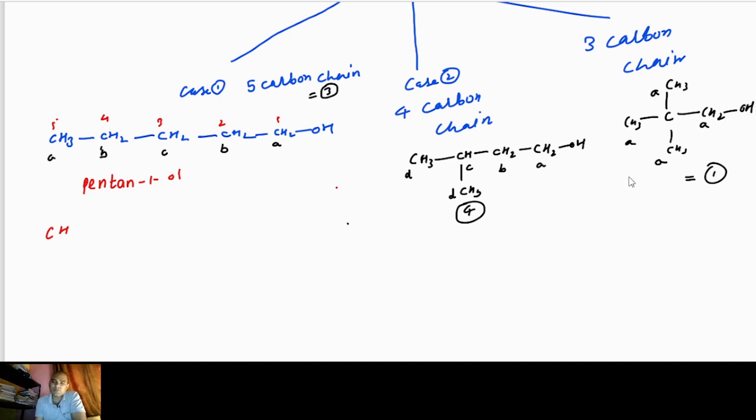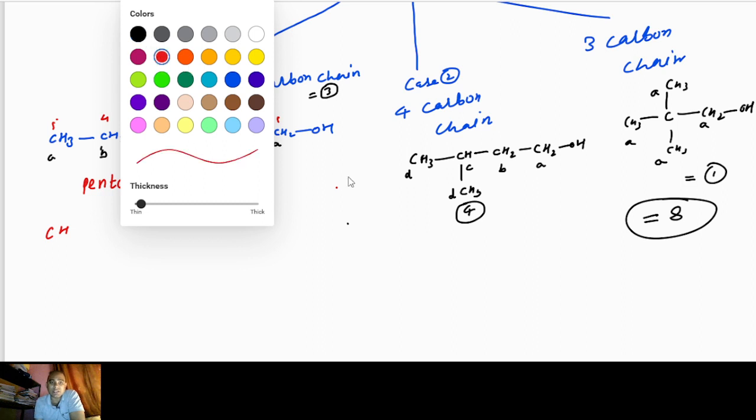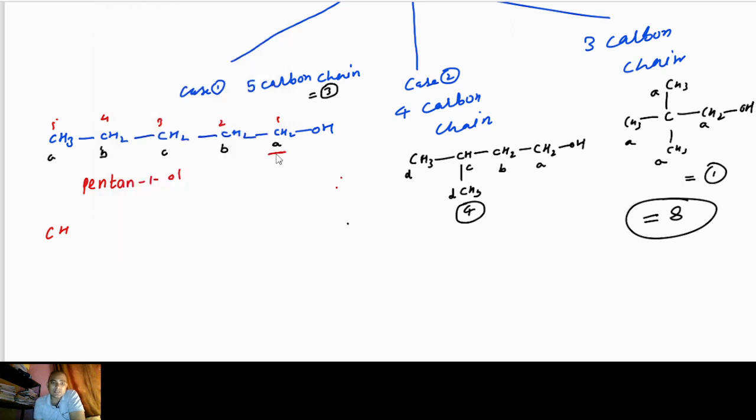So the total isomers will be 8, because we have to find out how many types of carbon are there. You have to check the environment. Here this is A, this is B, different carbon, because OH can be here, and OH can be here, so 3 different possibilities are there. In this case there are also different possibilities, you can move the CH3 group.